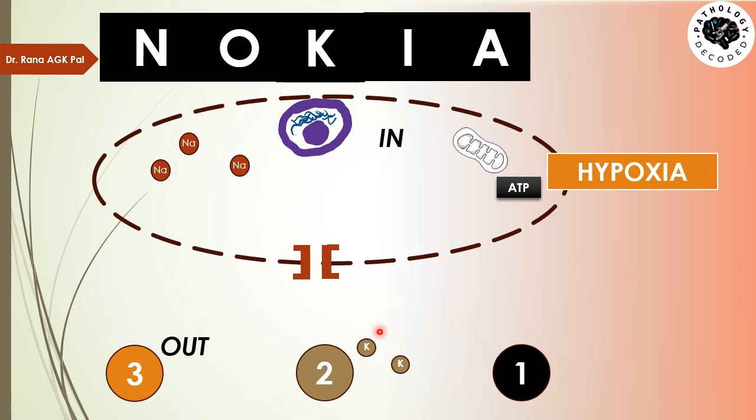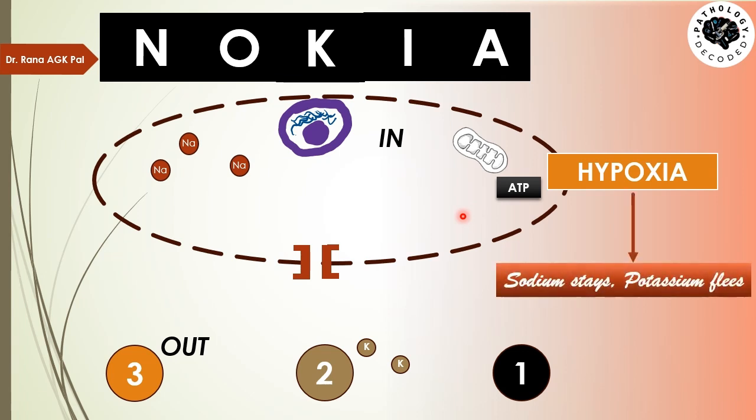At the same time, since there was decreased oxidative phosphorylation, the mitochondria are not able to produce a sufficient amount of ATP. So the pump cannot use this ATP. In this situation, sodium will stay inside the cell and potassium will stay outside the cell. To remember it, we have this thing: sodium stays and potassium flees.